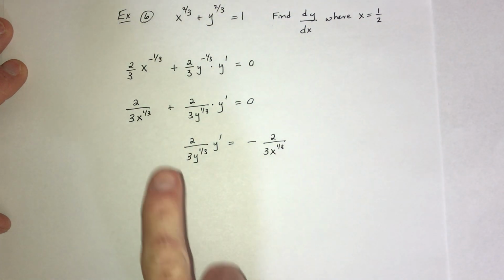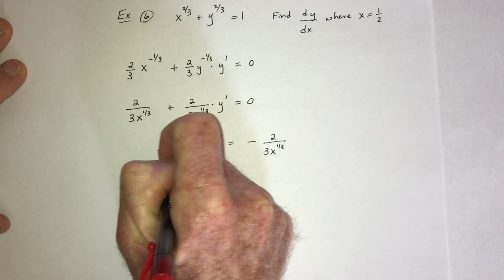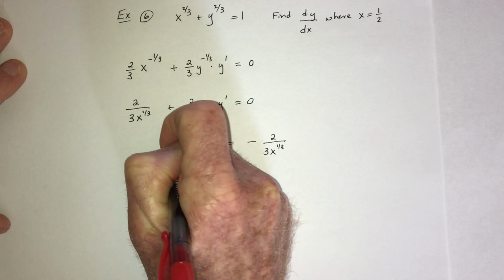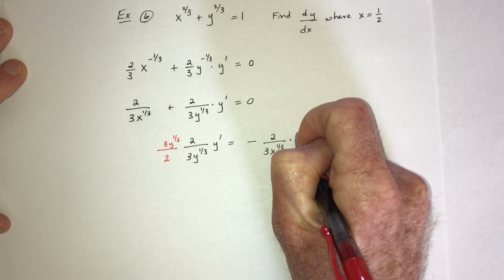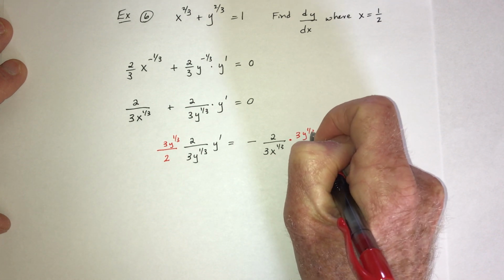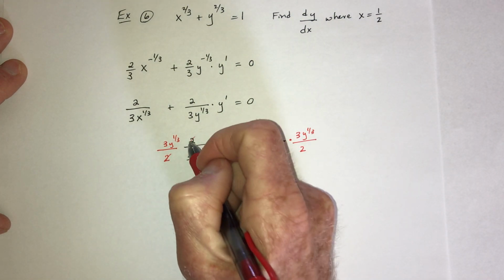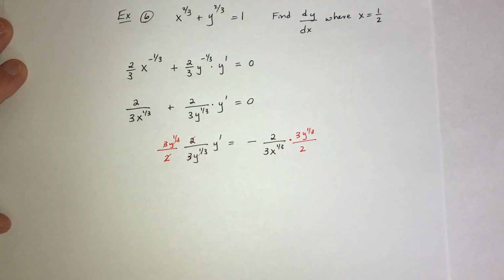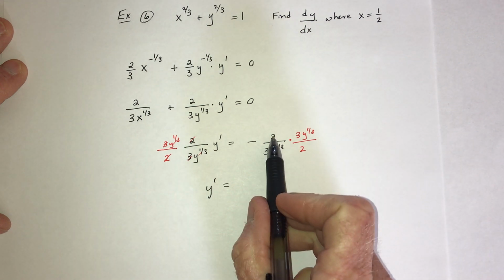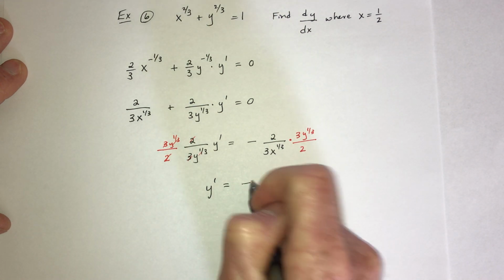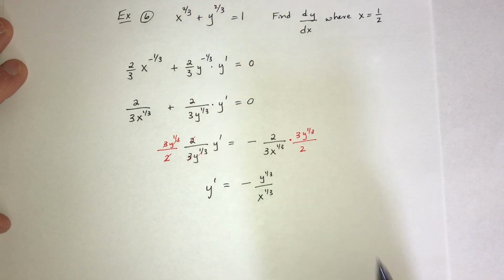And I'm going to multiply by the reciprocal of this. So I'm going to multiply both sides by a 3 on top and a y to the 1/3 on top and a 2 on the bottom. And then here as well, and of course, these are going to cancel. So y prime equals, and in fact, these 2's will cancel and these 3's will cancel. So what's left is y to the 1/3 over x to the 1/3.